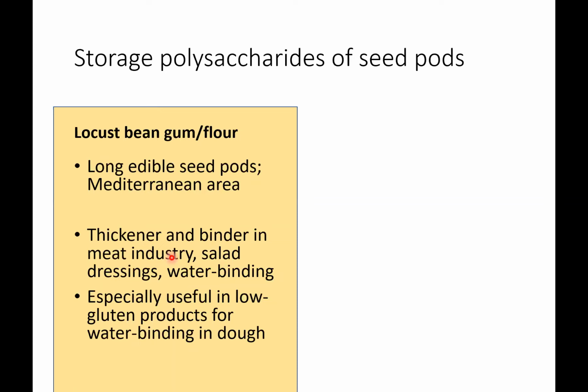Sometimes water is injected into meat, which is to a certain extent allowed, but I, as a consumer, find it disconcerting because you pay for water, not for the meat. So locust bean gum or flour might be added for that.